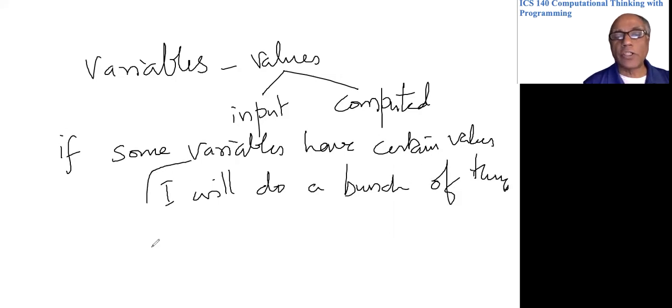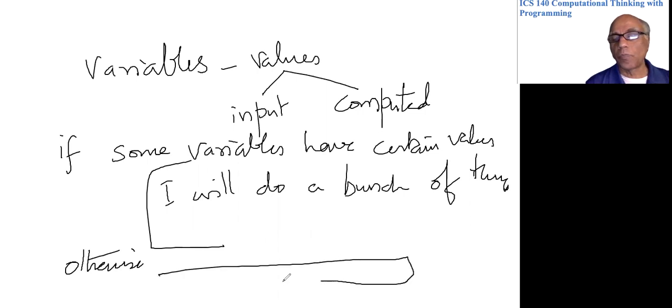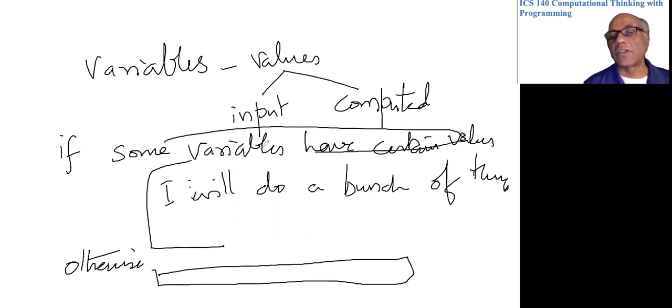There could be lots of things I could do. Otherwise, I will do a few other things. So there could be many things you could do if certain things are satisfied. If those things are not satisfied, you could do a bunch of other things.